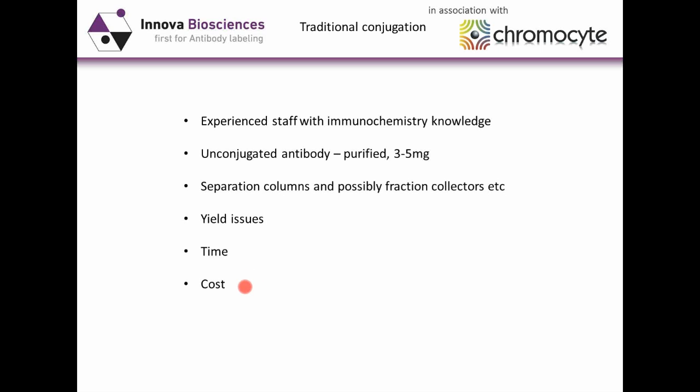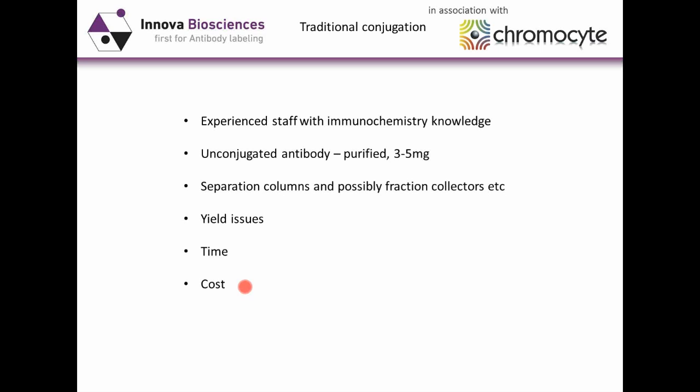Underlying all of this is the fact that the cost of undertaking traditional conjugation is very significant indeed. The cost comes from a number of areas. Firstly, you need the experienced staff. Secondly, you need relatively large amounts of your unconjugated antibody. And if you're buying that commercially, you may be paying perhaps several £100 or dollars per milligram for that antibody.